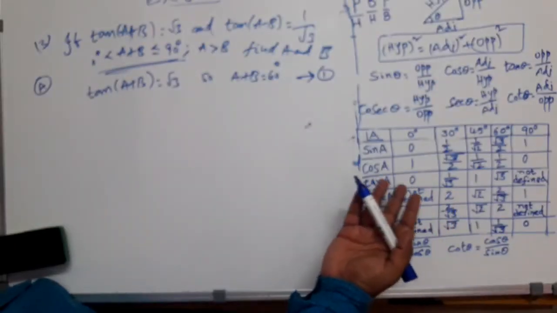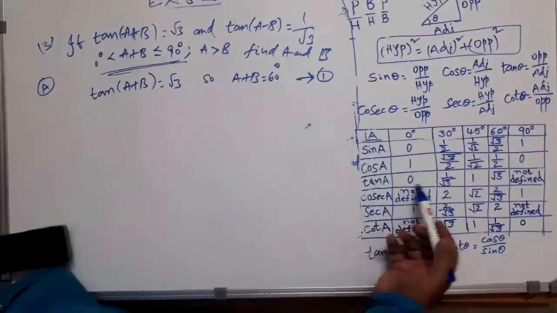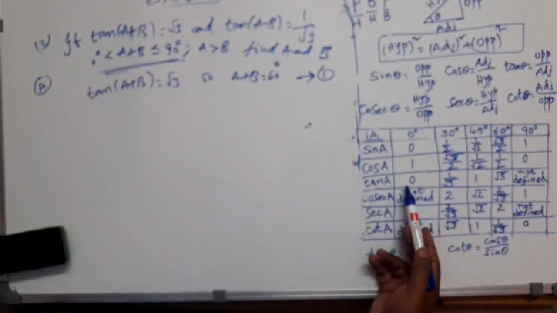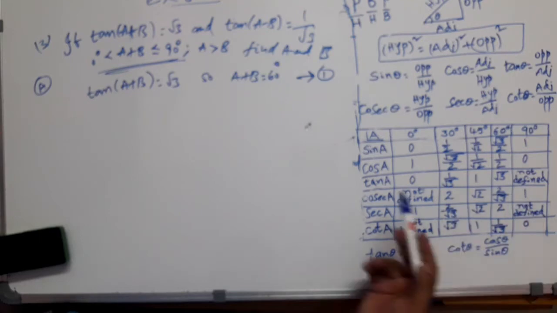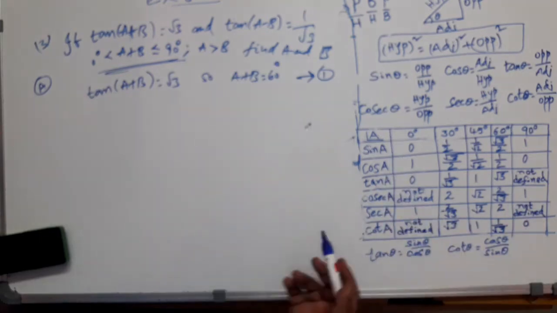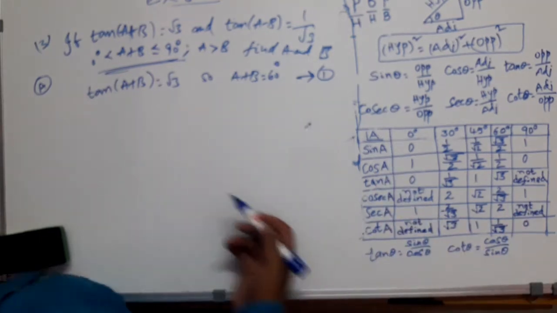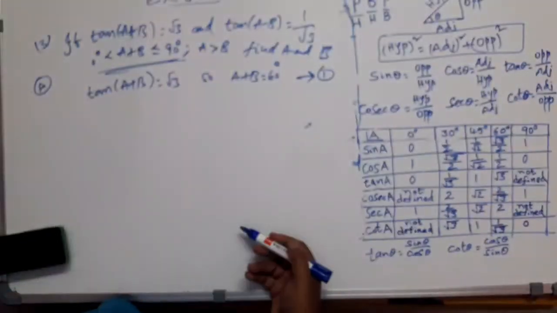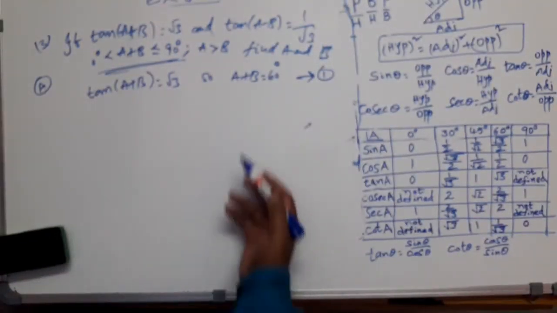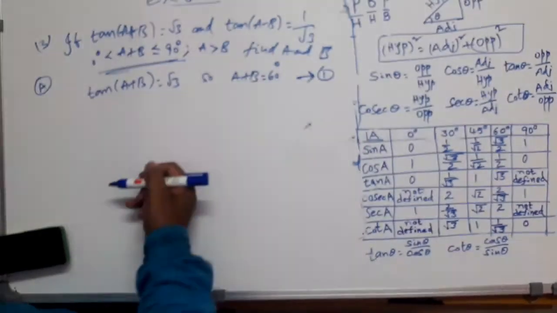So definitely you can use this table and directly write the angle to be 60 degrees, because for angles between 0 and 90 degrees, there will be corresponding tan values from 0 to infinity, with a one-to-one relation. So obviously for root 3, only 60 degrees is appropriate. So you can directly write 60 degrees in the place of A plus B.